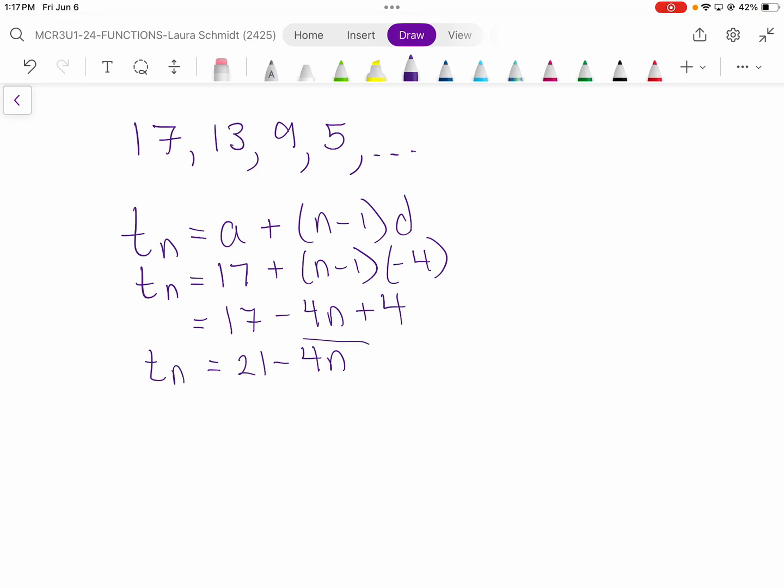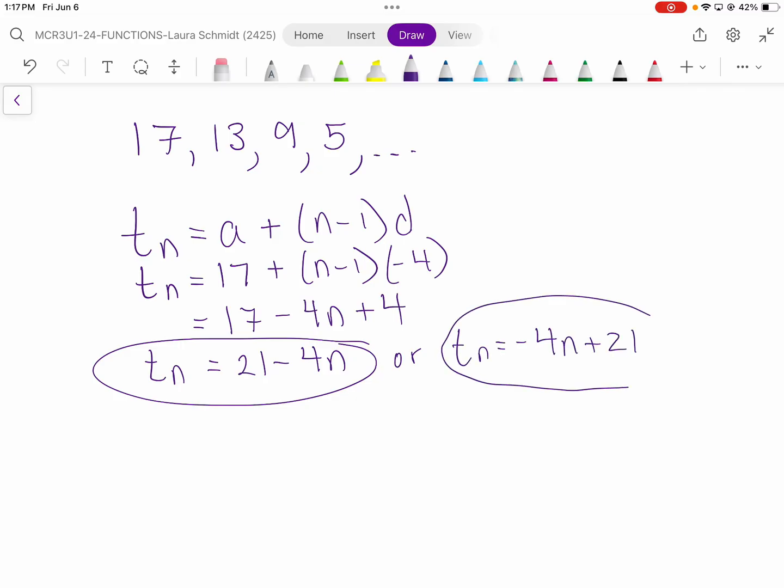Always expand it. Okay, cool. So our formula is Tn equals 21 minus 4n. So it's going down by 4 each time, and our term 0 is 21, I guess.